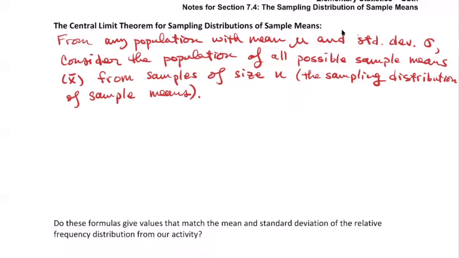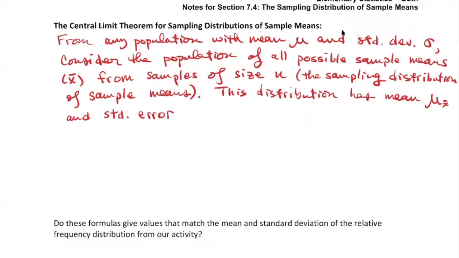This distribution has mean mu with an x bar subscript because it's a mean of sample means, and standard deviation, or standard error, sigma x bar.